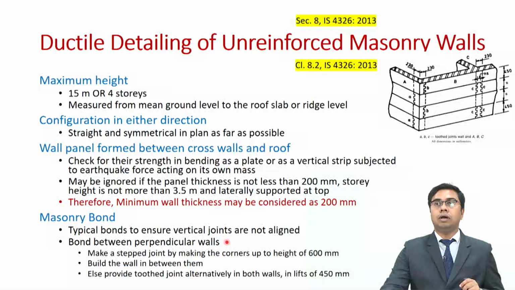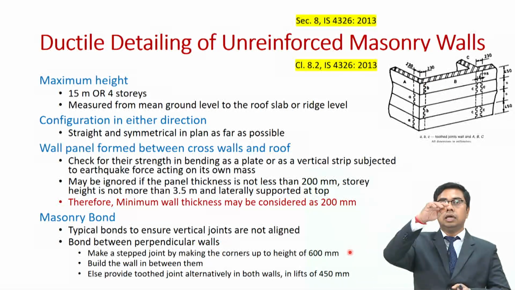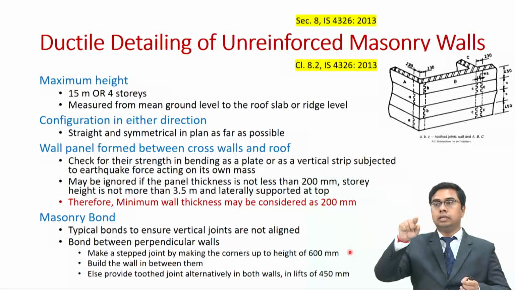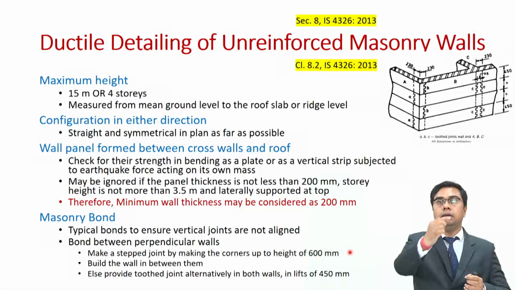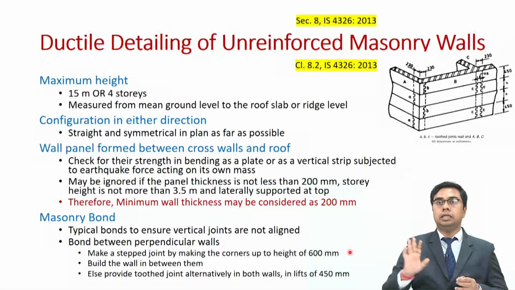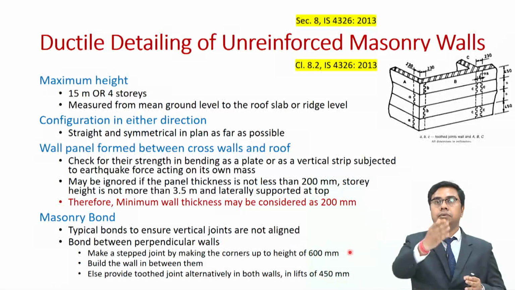Then, if you have perpendicular walls like this, how do you get the bond between two perpendicular walls? One idea is that you first make a stepped joint by making the corners up to a height of 600 millimeters. Up to this height of, let us say, 600 millimeters, you go on laying the brick in a stepped format in both the walls, and then you fill the gap in between them.